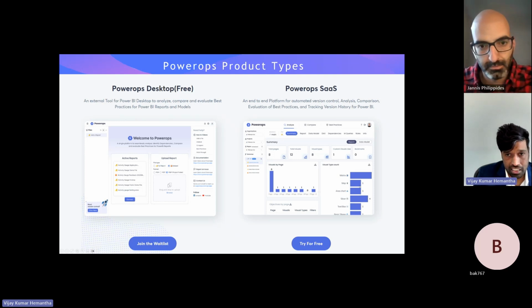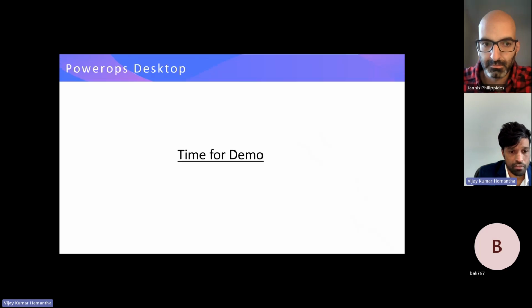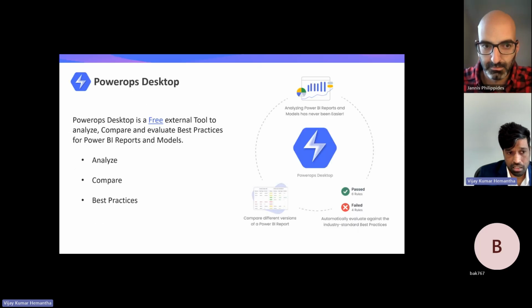On the other hand, there is a SaaS version, which is more cloud-based. It's a web-based product. To see the differences between the two, I'll first go over PowerOps Desktop. PowerOps Desktop is a lightweight desktop tool which offers these features: analyzing, comparing, and best practices.